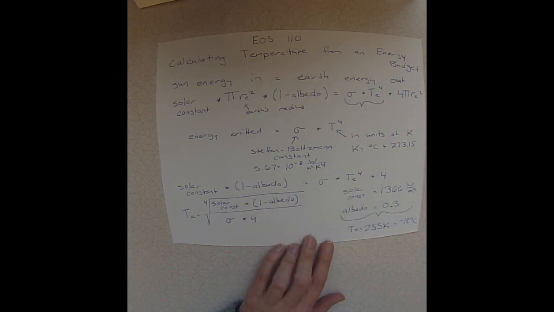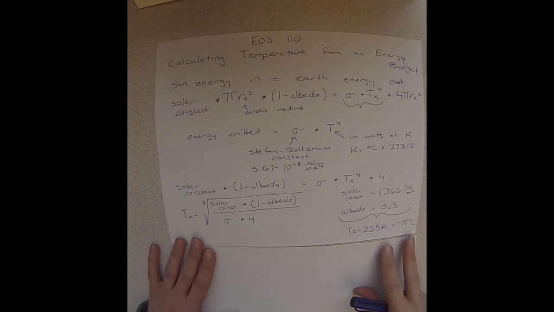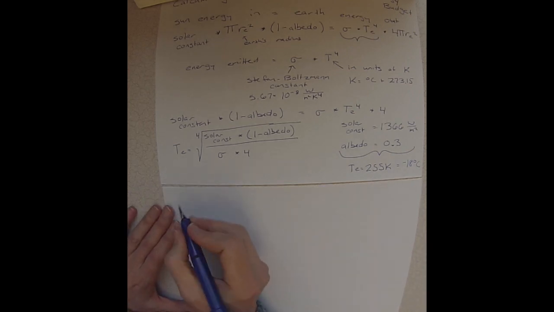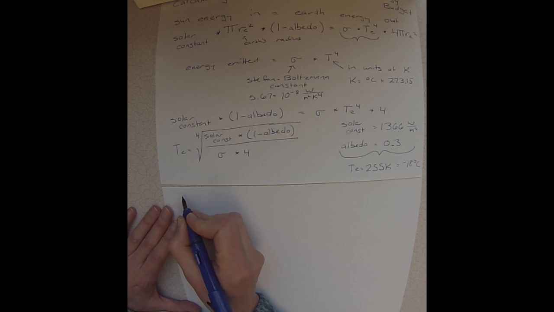Now let's do one more example to demonstrate how to use this calculation. A long time ago, it's thought that the Earth might have been covered by snow. Sometimes you hear this called snowball Earth.